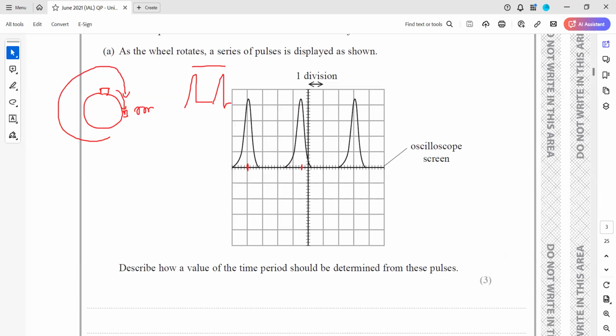We don't have to show how much it is. So first we have to count the number of boxes between two successive peaks, and then multiply by the division. They mentioned that one division represents 1 millisecond, as it is mentioned here.